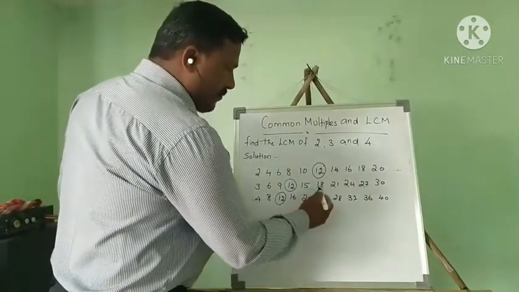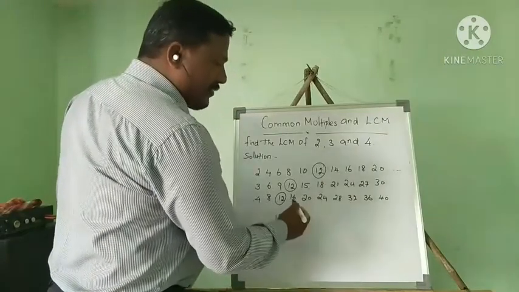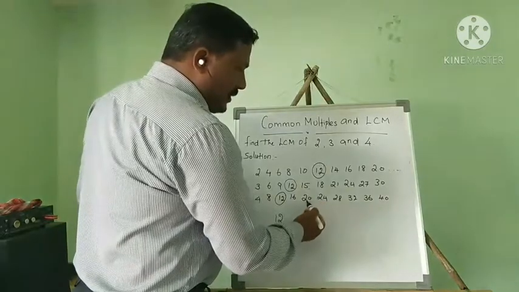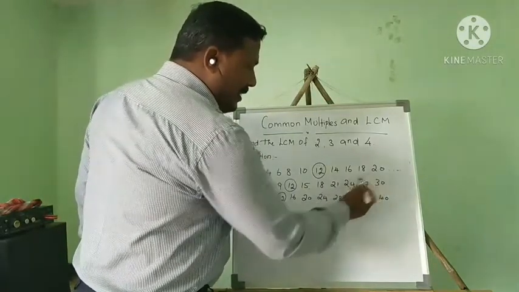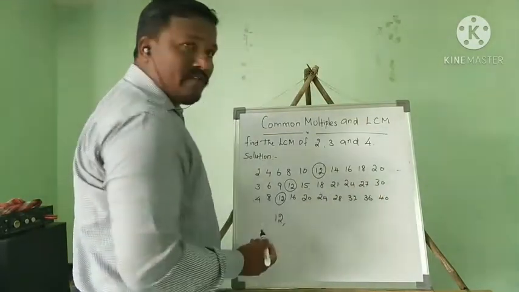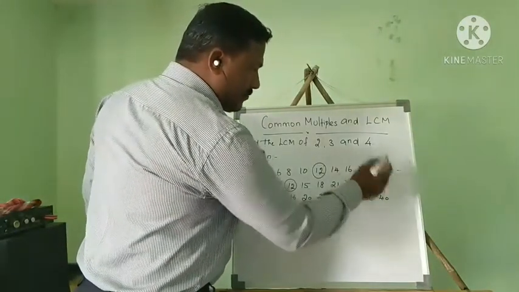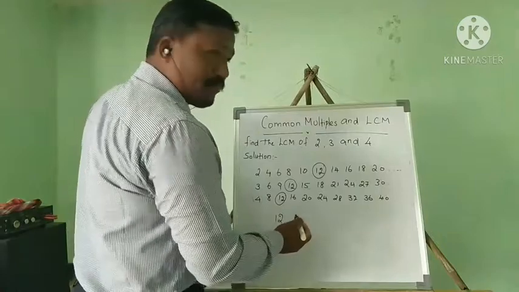Then 16. Available here, available here, but here there is no 16. Then another, 20. Available here, available here, but here there is no 20. Then 24. Here there is no 24.